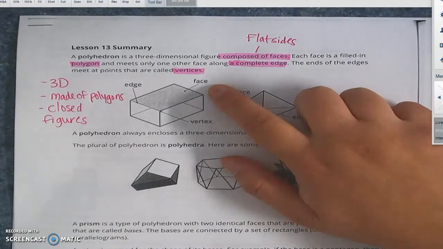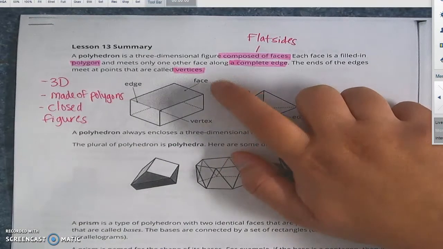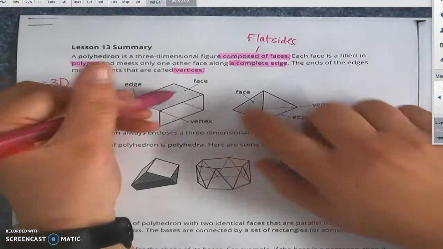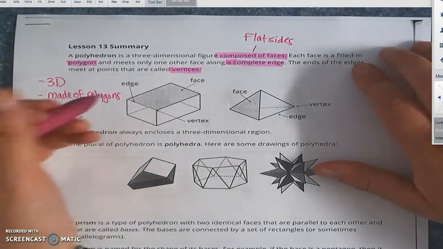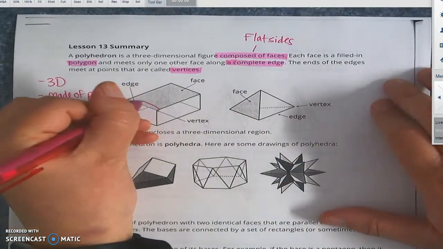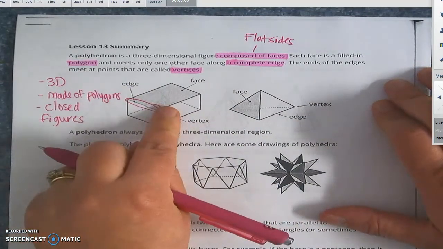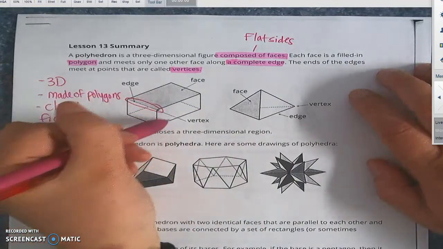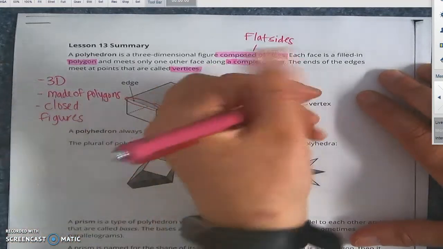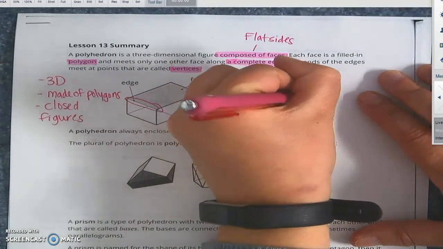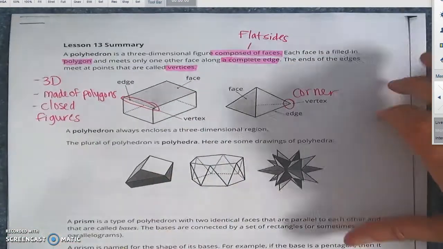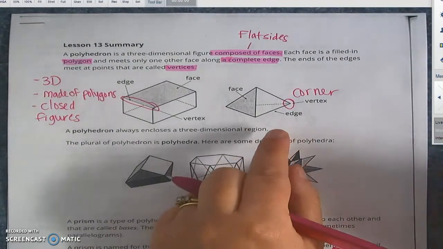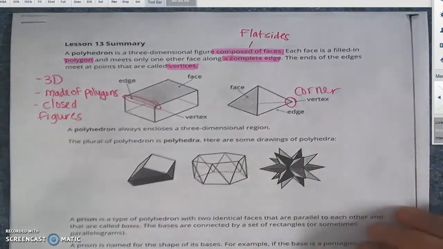Faces, which with polyhedra are always going to be polygons. So the faces are the flat sides. Edges are where the faces meet. And then vertex, which we usually think of as like a corner. And those are the points where the edges meet.